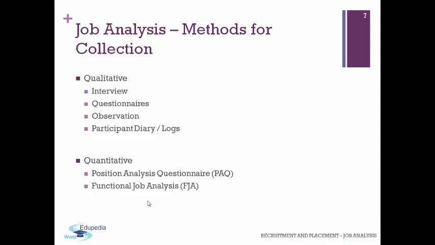So basically 3 things. But today, the most recent version uses 7 scales. Earlier, the functional job analysis used 3 scales, which are data, people, and things. Now it has become 7 scales. So there is data, people, things, worker instructions, reasoning, math, and language.